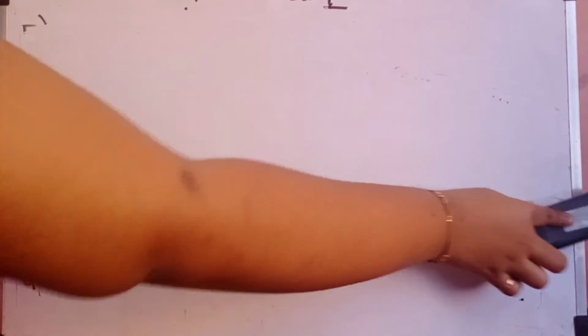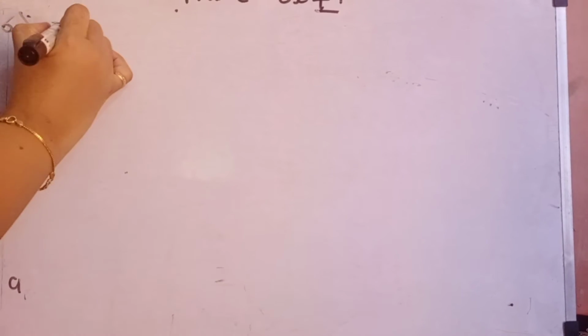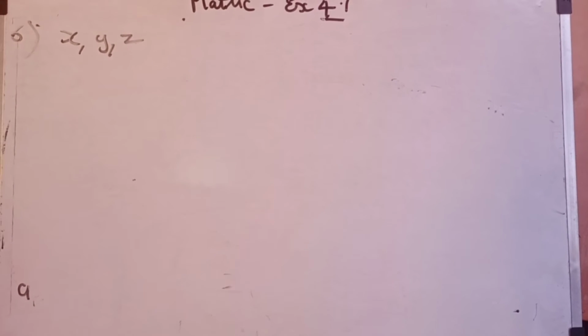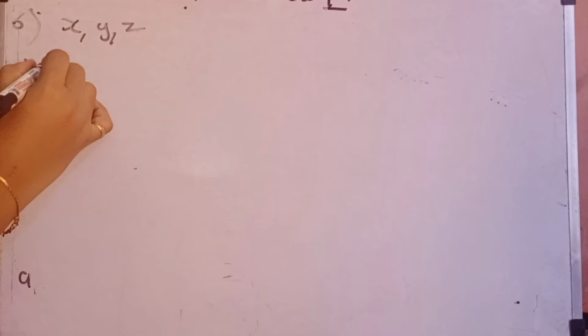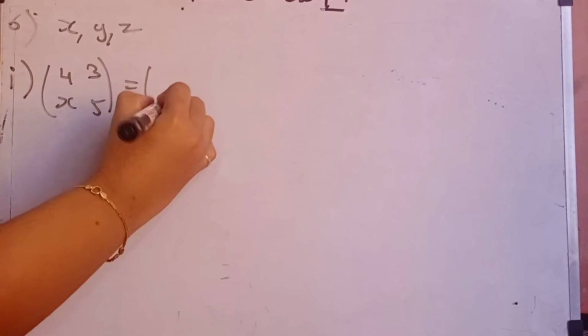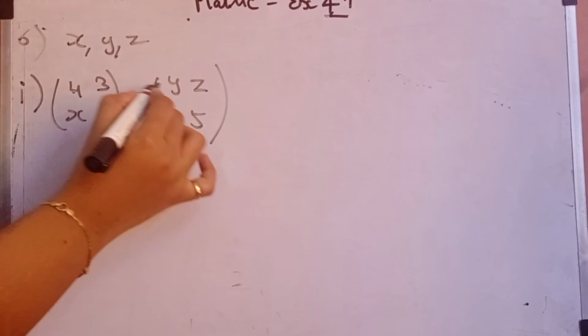So next we are moving on to the sixth sum. What is given is you need to find the x, y, z values. So the first sum they have given is (4, 3, x) and (5) equal to (y, z, 1) and (5). So how will you find it? You will compare it, right?